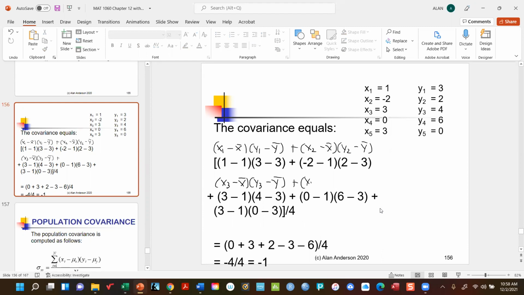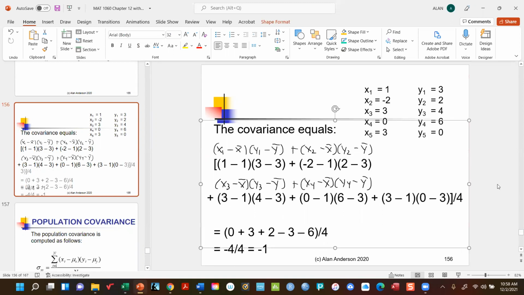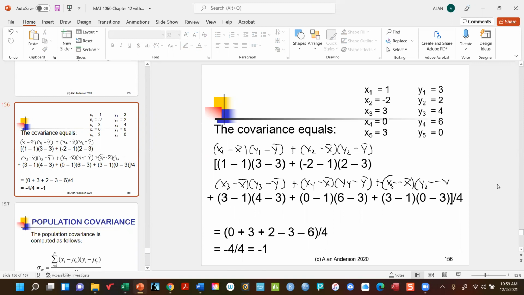Then we have x4 minus x bar, y4 minus y bar. And finally, at the end, let's see. There we go. I made it fit. x5 minus x bar, y5 minus y bar. And again, you notice we're dividing by n minus 1.